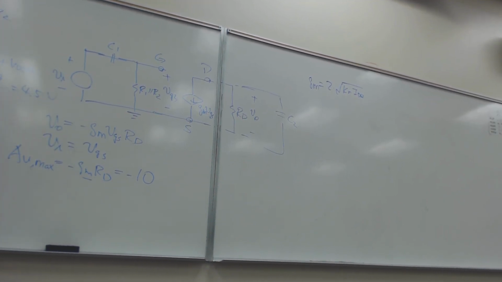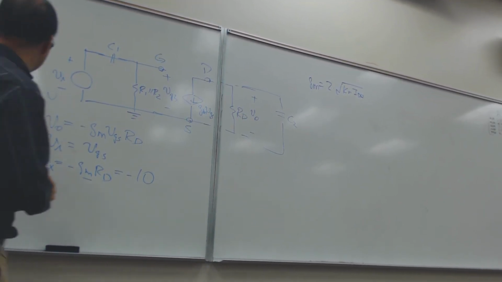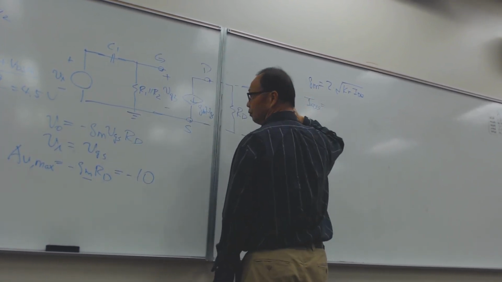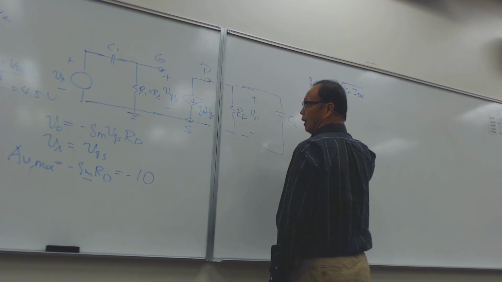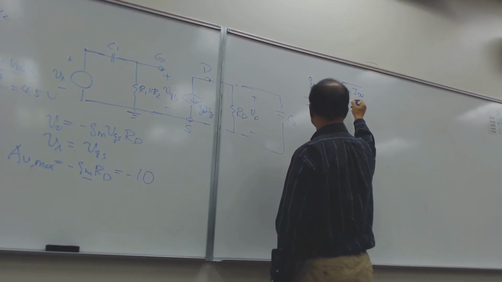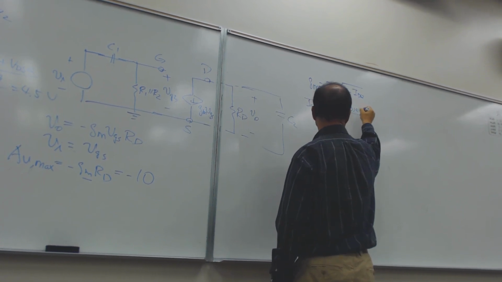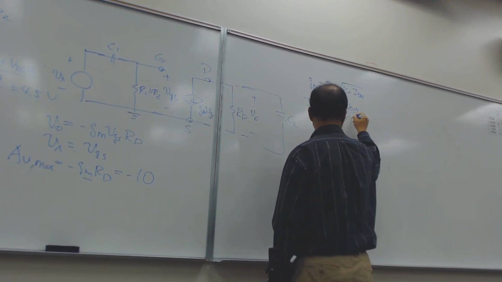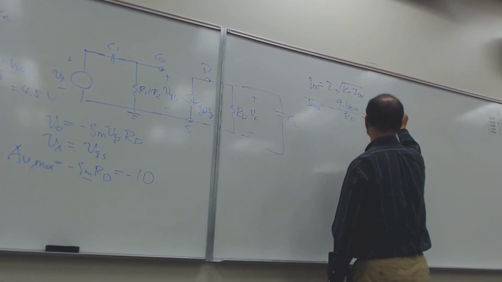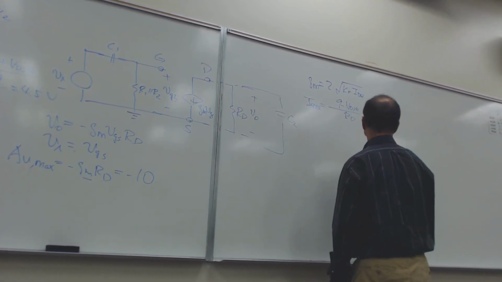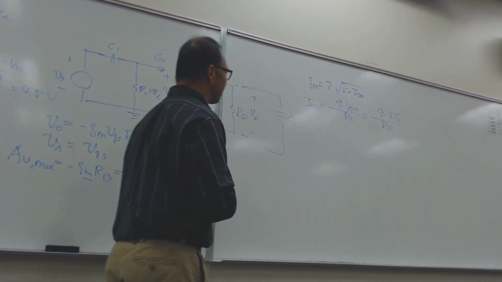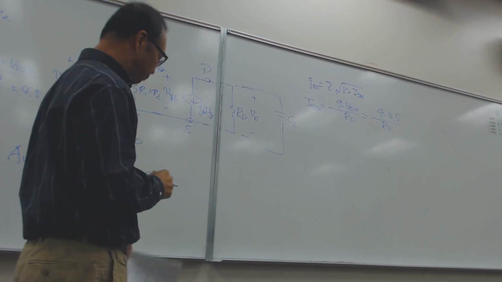There's an equation for IDQ. IDQ is equal to 9 minus VDSQ over R sub D. And we know VDSQ is supposed to be half of the 9 volt, because the Q point is located in the middle.